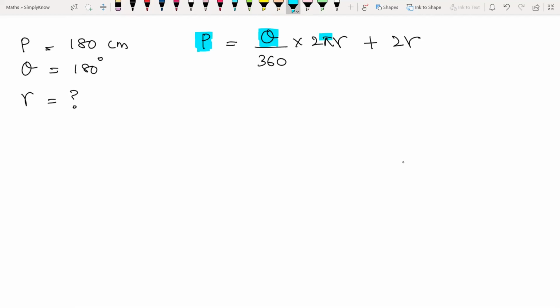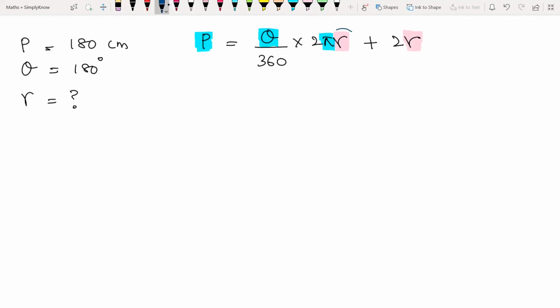And we know the pi value as well. Now we need to find out the radius. And in our formula, we have radius in two places, in two terms. Now, the first step is you need to rewrite this formula.